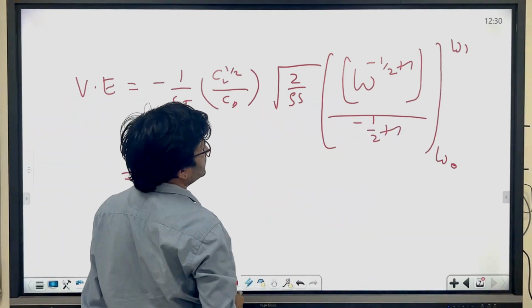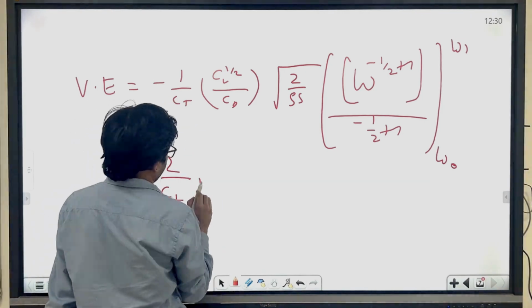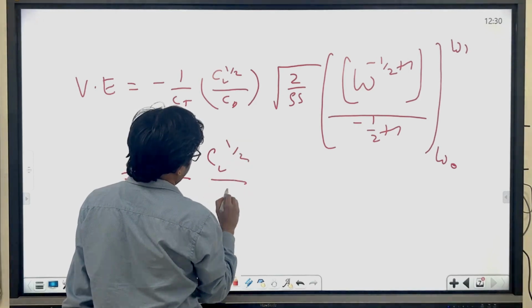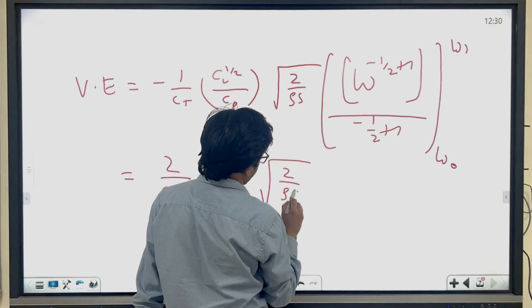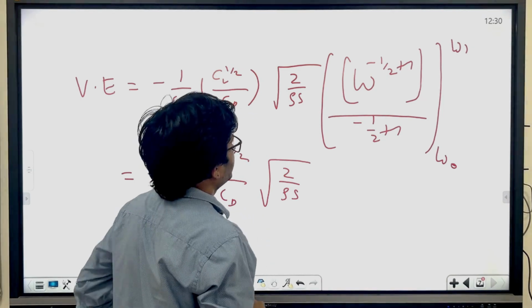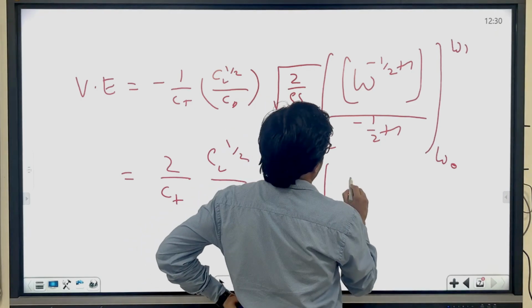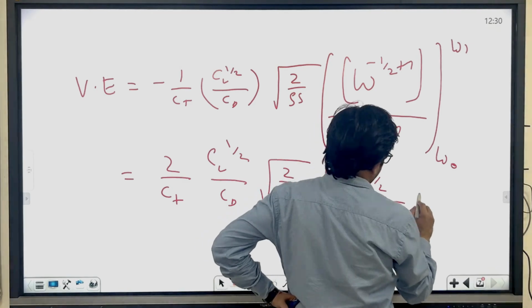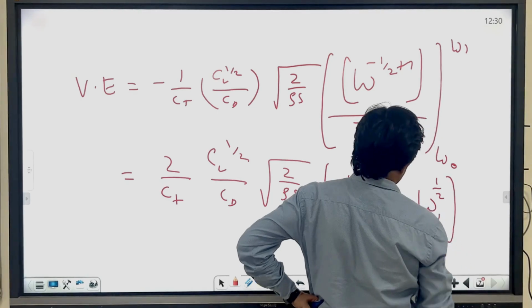So this 2 you can write here, and this Cl power 1 by 2 by Cd, 2 divided by rho S, and this will be the plus, right? So W naught power half, W1 power half.